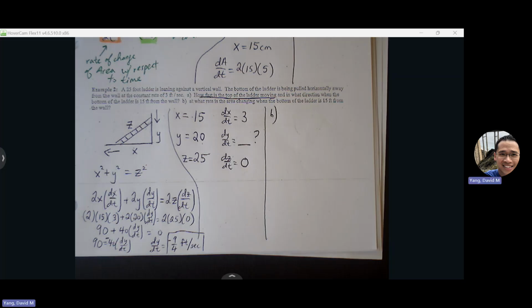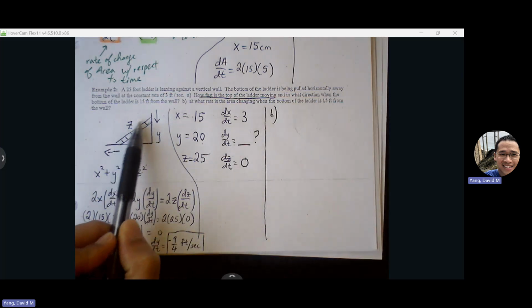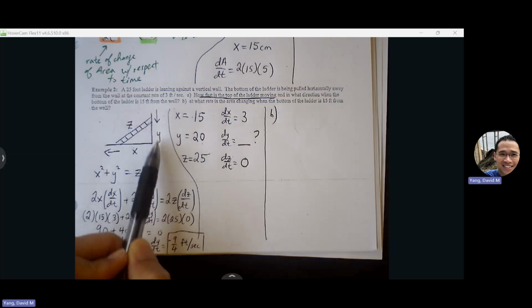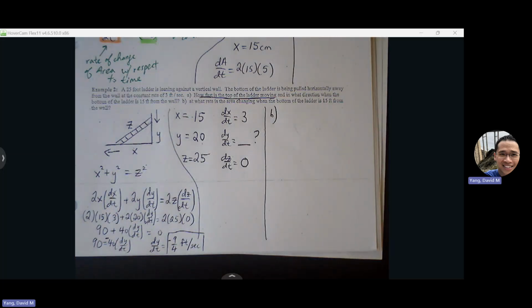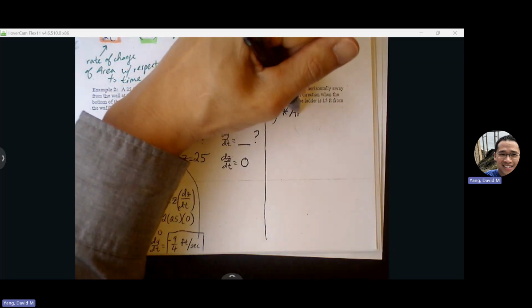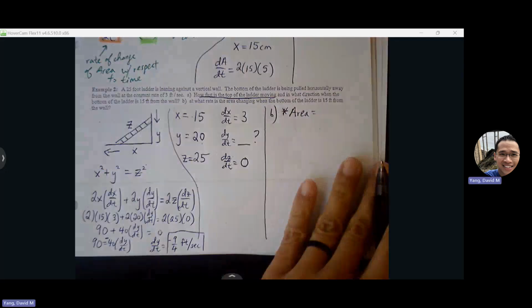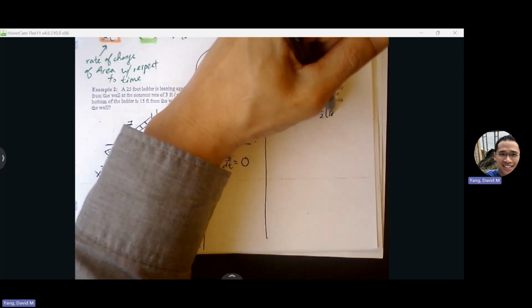Part B says, at what rate is the area changing? So now we're talking about the rate at which the area is changing. We see the area in front of us is a triangle. Before we can find the rate, we have to first create the equation. What is the formula for area of a triangle? Okay, yeah, 1/2 base times height.